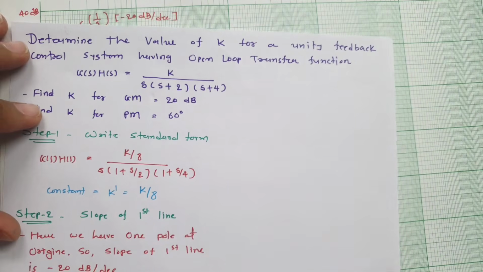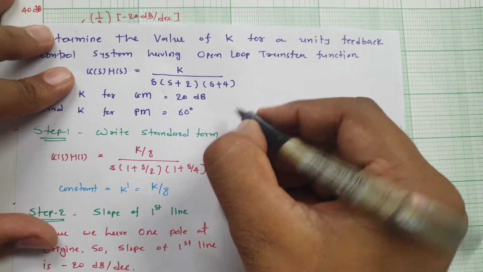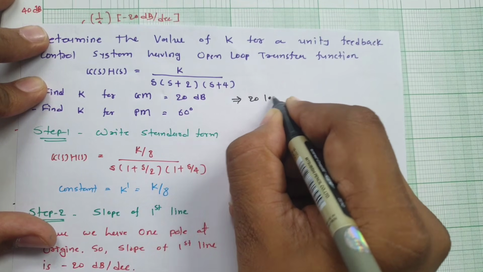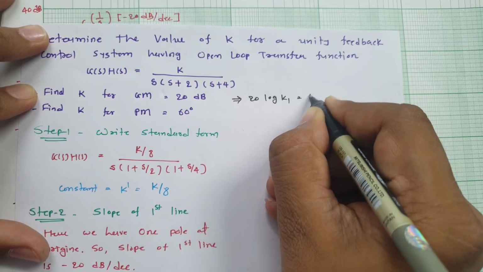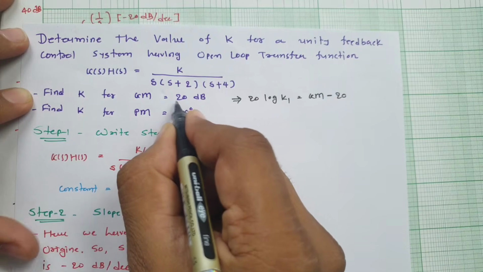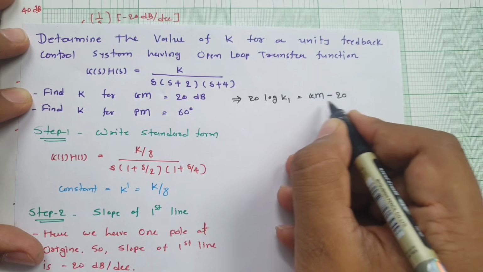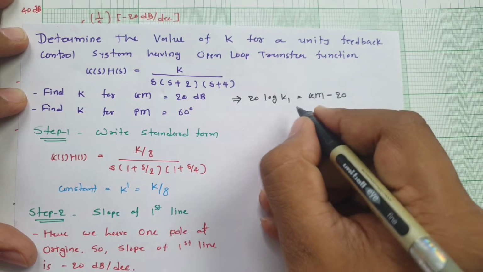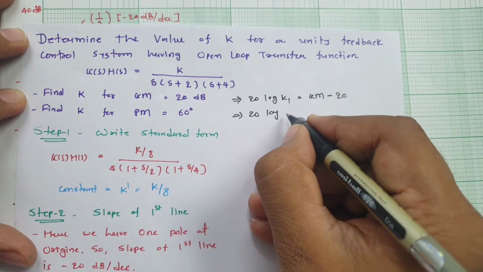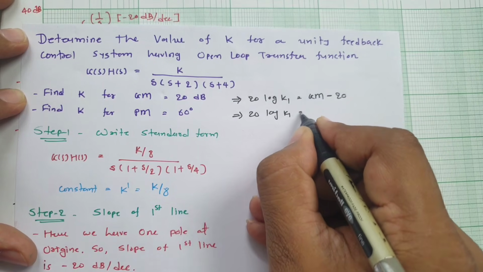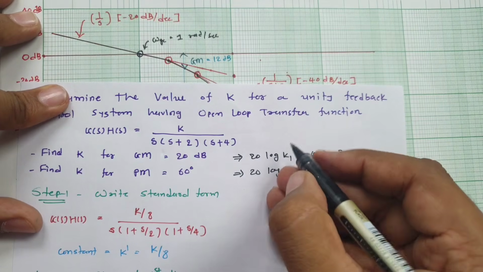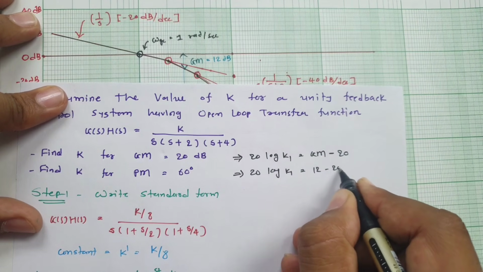So how to calculate this? To calculate that, all we need to do is 20 log of K1 should equal the actual gain margin minus 20, because 20 is required. The gain margin we have calculated is 12, so this is 12 minus 20.